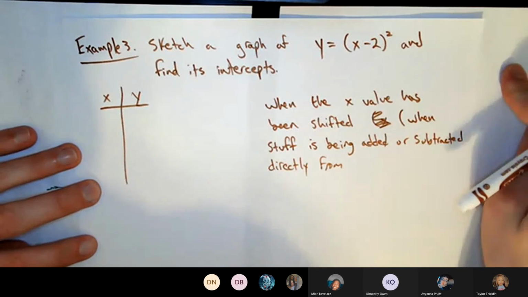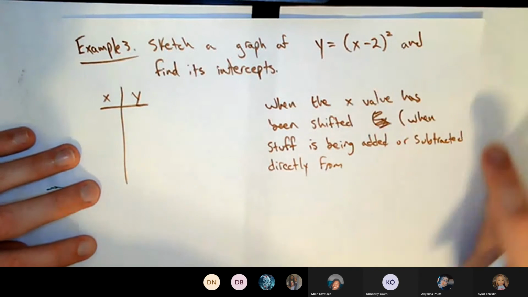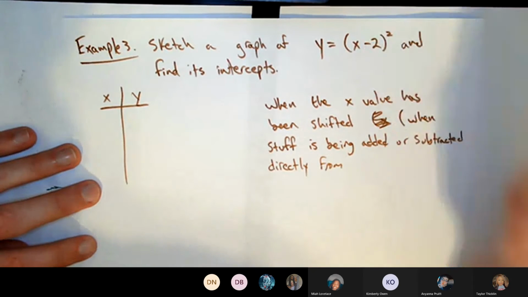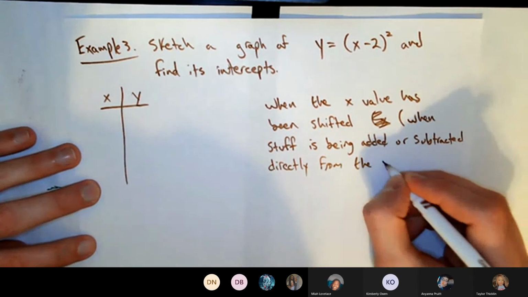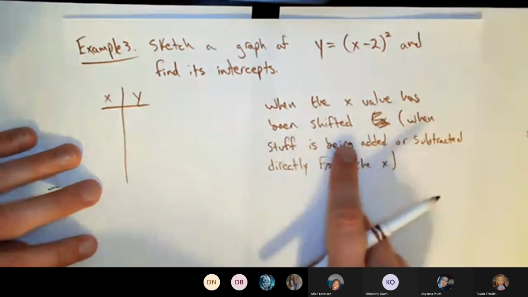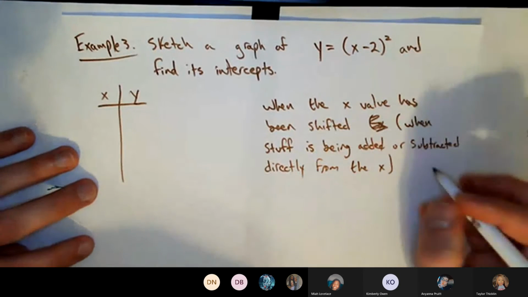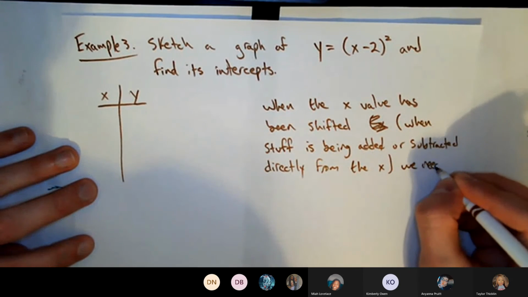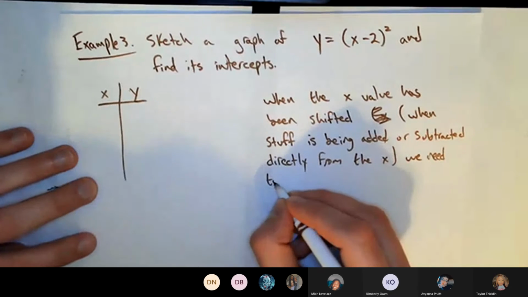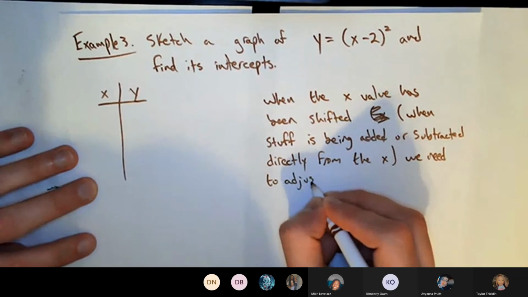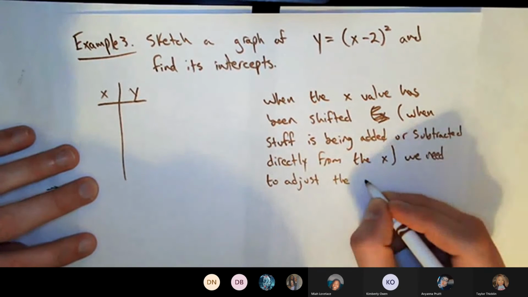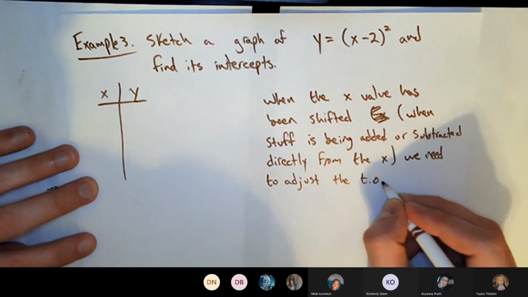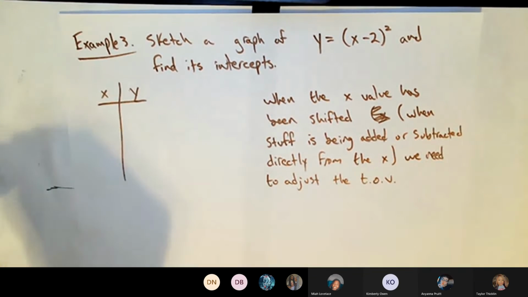It's not x squared minus 2, it's (x minus 2) all squared. That minus 2 is directly subtracted from the x. So when the x value has been shifted like that, we need to adjust the table of values. I'll say TOV for table of values.